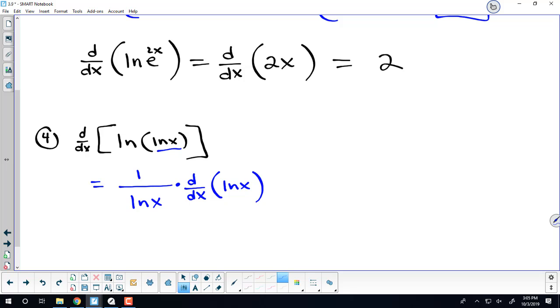So you've got 1 over ln x times 1 over x. You're right. So that's 1 over x ln x. Don't say that's 1 over natural log x squared. You can't combine those two. It's 1 over x ln x.